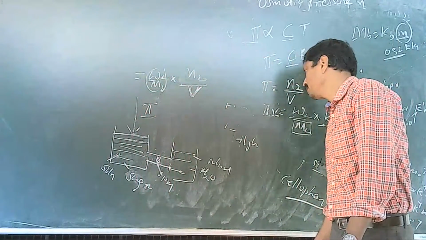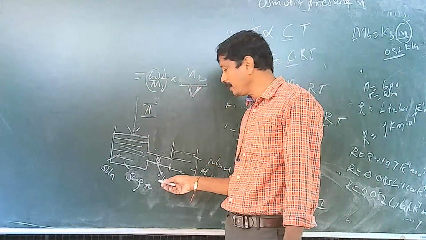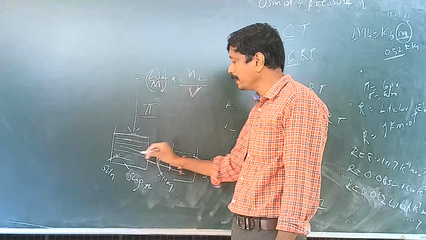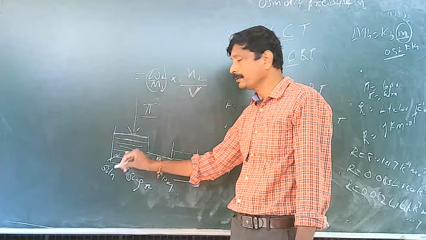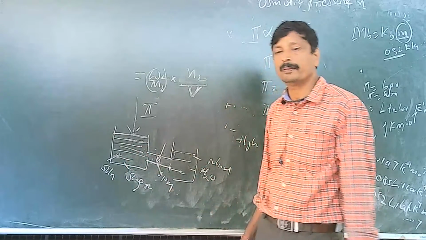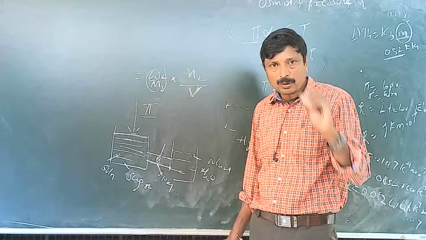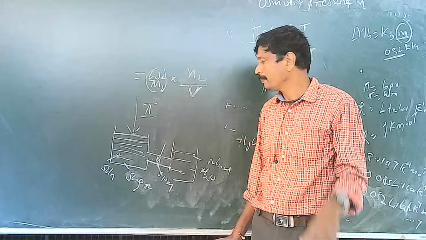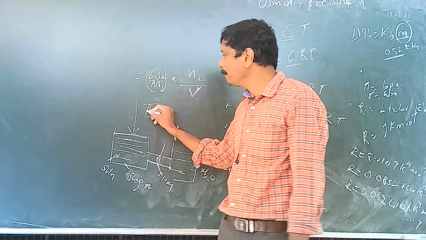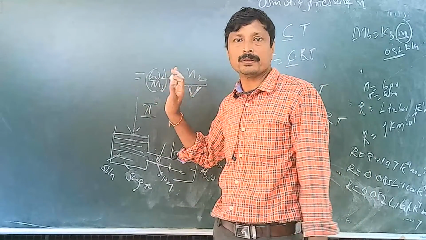What is osmosis? We already know osmosis is the flow of solvent particles from lower concentration to higher concentration through a semi-permeable membrane. What is a semi-permeable membrane? The membrane which permeates only the solvent particles, not the solute particles. Then we defined pi, the osmotic pressure.